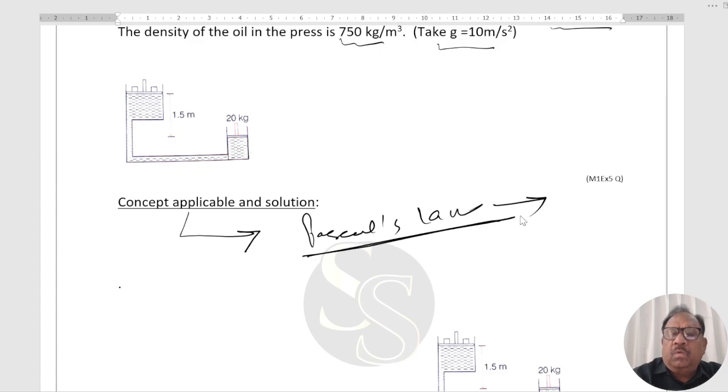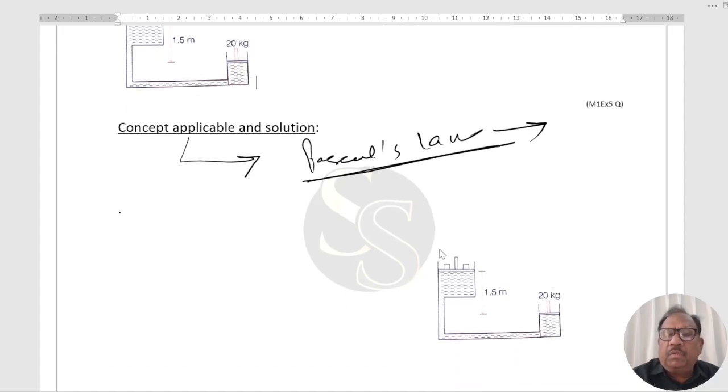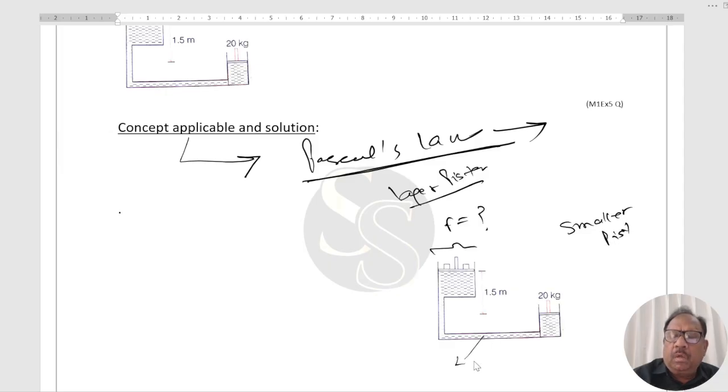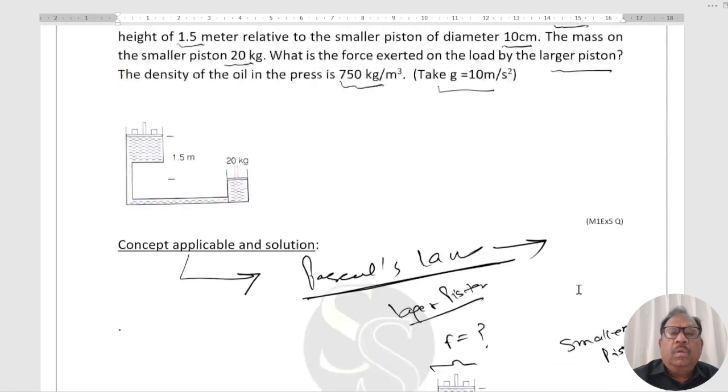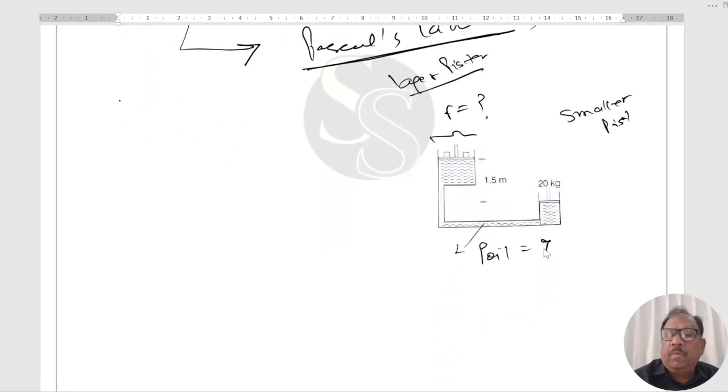When pressure is applied in a closed vessel, pressure is equally transmitted in all directions, right? Now, in this case, we have to find F. This is the larger piston. This is the smaller piston. This is the oil, whose density is given as 750 kg per meter cube, right?